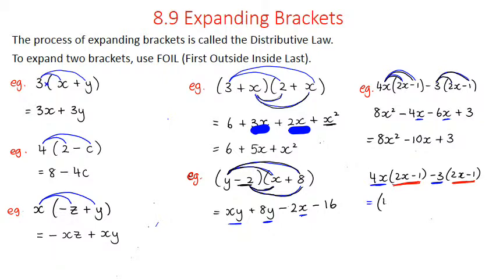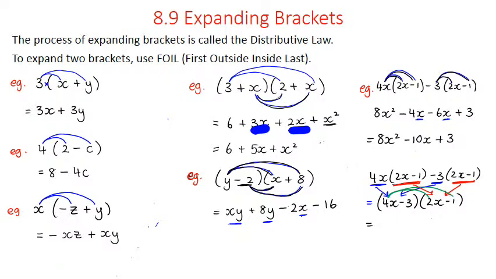So you can put 4x minus 3 in a bracket and multiply that by our other bracket. Right, so that 4x came down here, and that negative 3 came down here. And then these two joined up to be that one. So now all you have to do is FOIL.